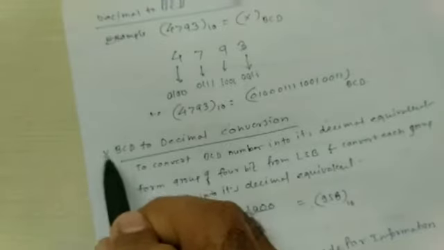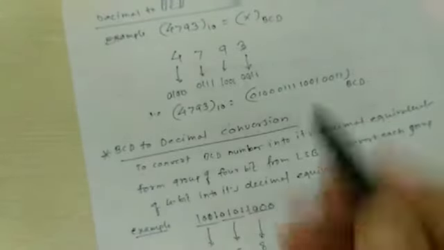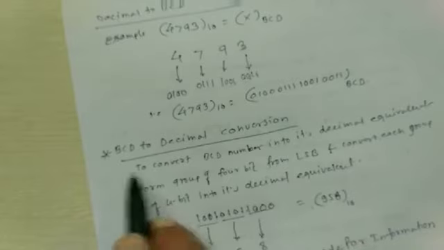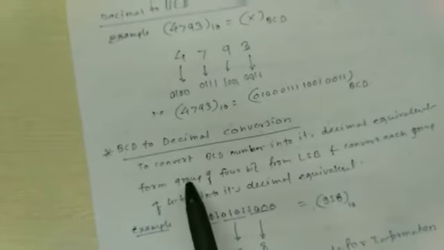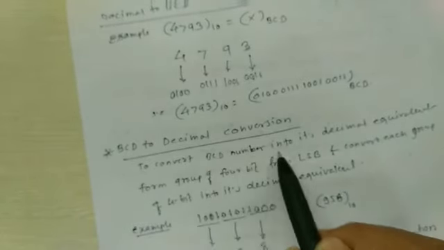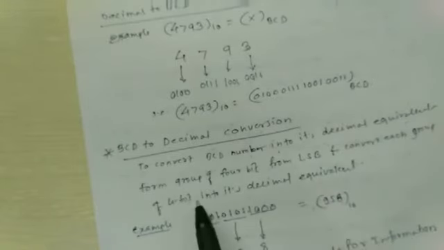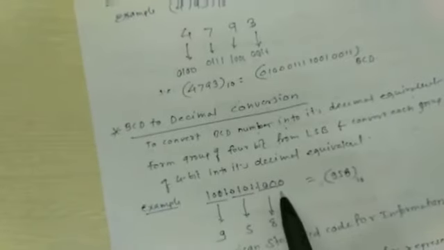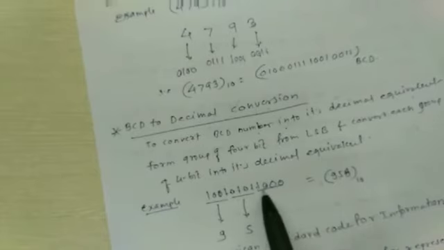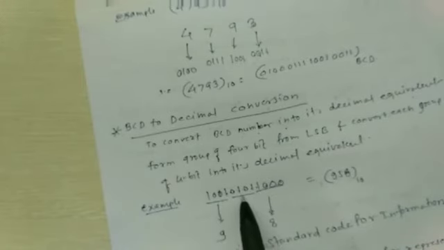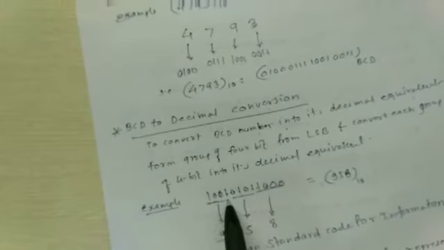Now let us see how a BCD number is converted to its decimal equivalent. BCD to decimal conversion. To convert a given BCD number into its decimal equivalent, the procedure is to form groups of 4 bits from the LSB. Start from the LSB and form groups of 4 bits. Suppose this is the given BCD number, this group of 4 bits, another group of 4 bits and the remaining group of 4 bits.